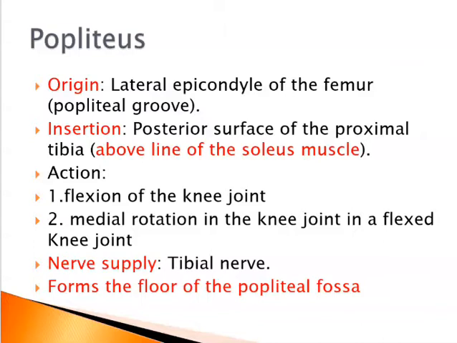Action is flexion of the knee joint, and also medial rotation in the flexed knee joint. Nerve supply is tibial nerve, and this muscle also forms the floor of popliteal fossa.